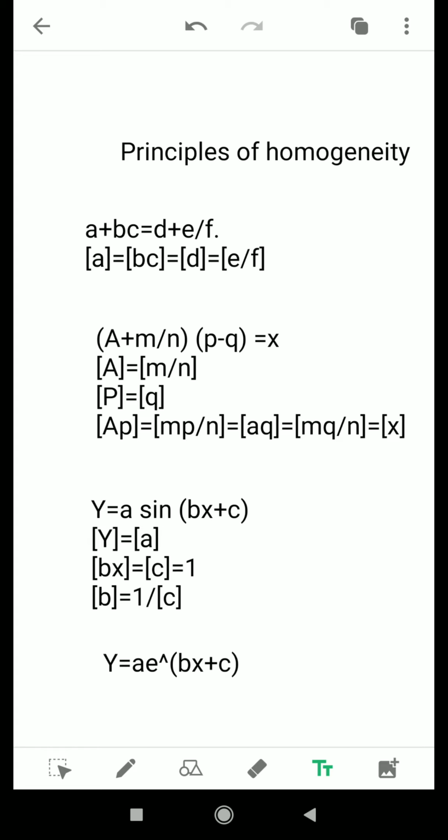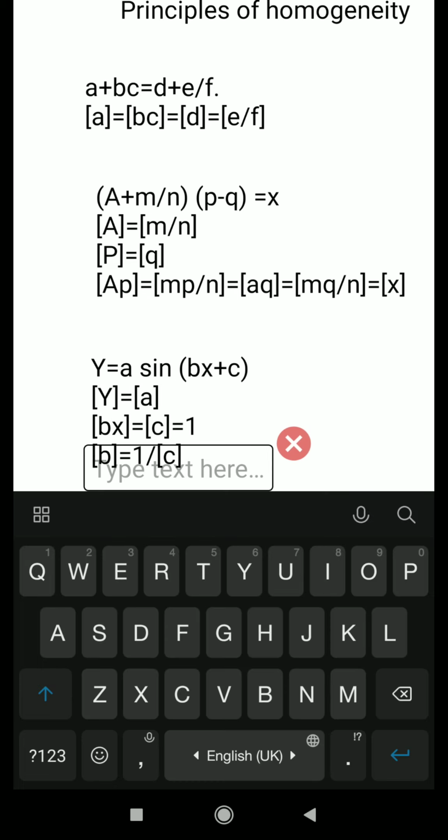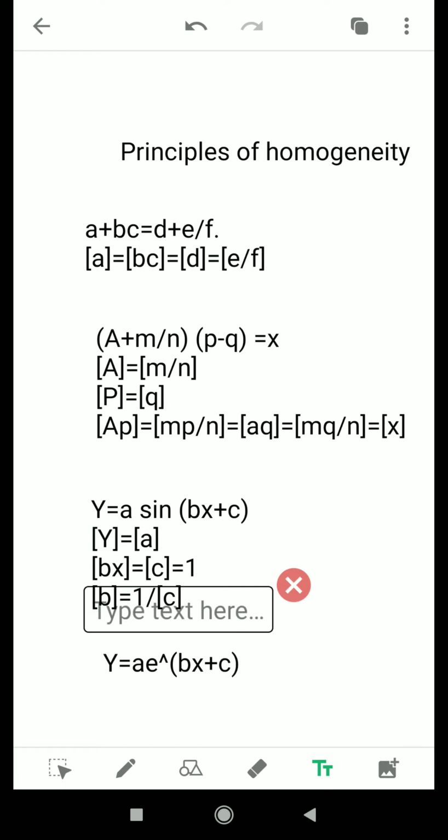So the dimension of bx equals dimension of c equals 1, and dimension of b is equal to 1 by dimension of x, not dimension of c. Sorry, I had written dimension of c. It should be the dimension of x. Clear?